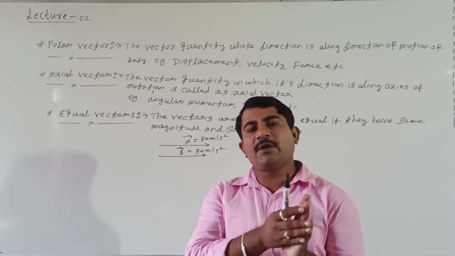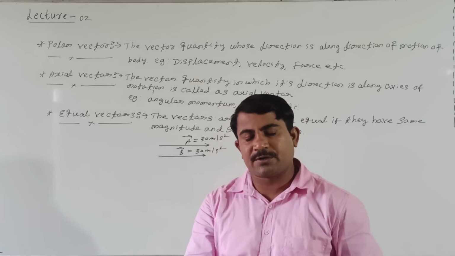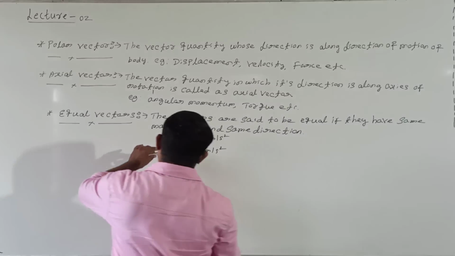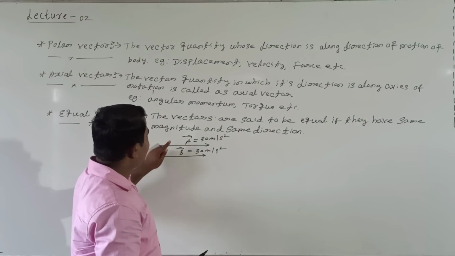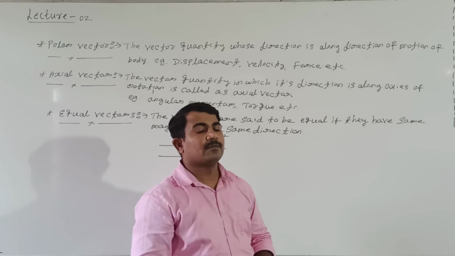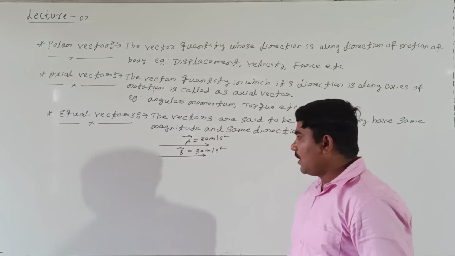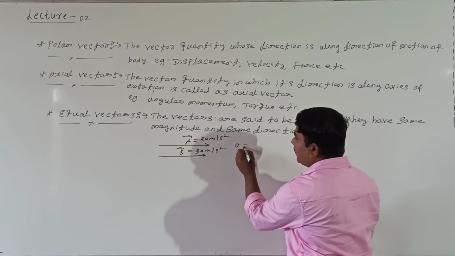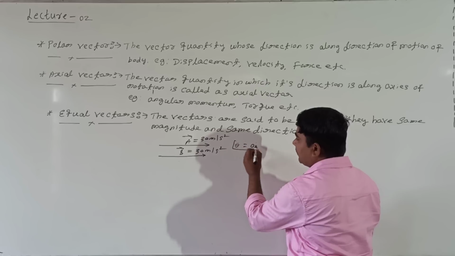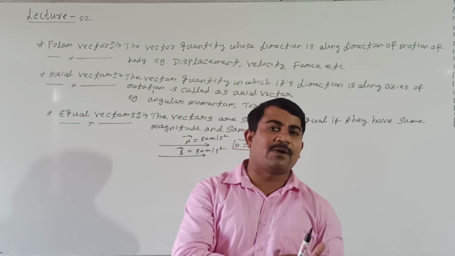Then what is the angle between them? That is very important. Same direction means between A and B there is no angle at all. So for parallel vectors or equal vectors, the angle between them is 0 degree.